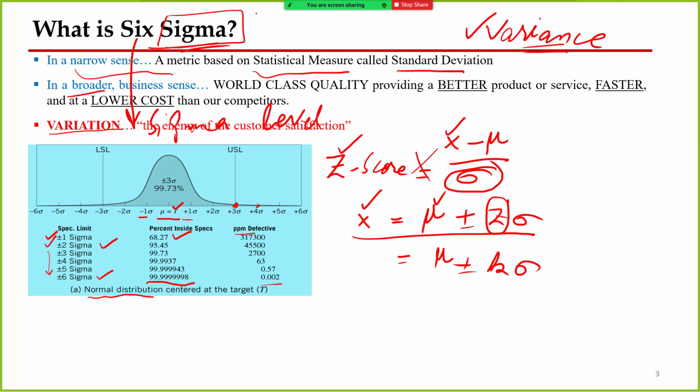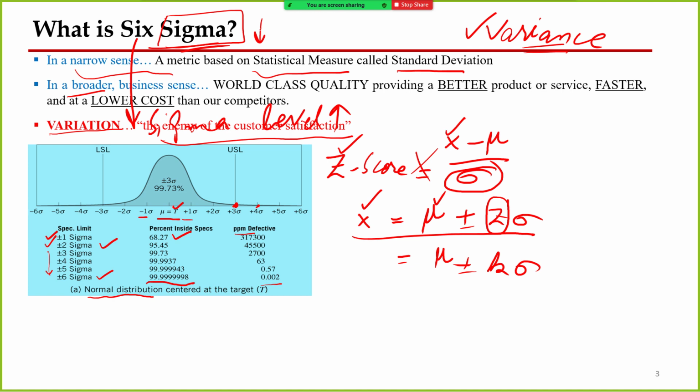Now the question is, how can I improve my sigma level? Whenever we say sigma level, that also means the performance level. So a higher sigma level indicates a higher performance level. We can improve our sigma level by reducing the sigma value, or you can say by reducing the standard deviation value.